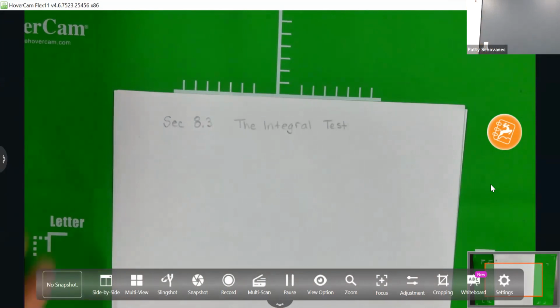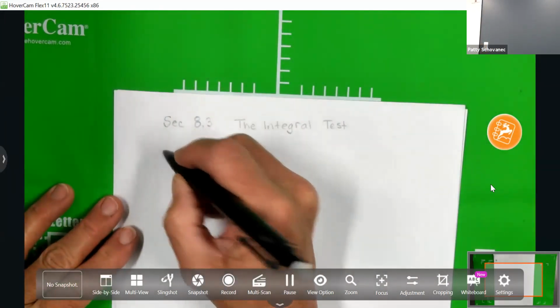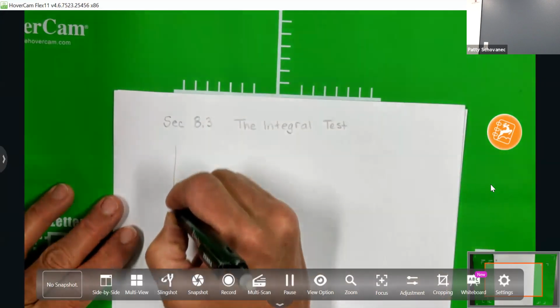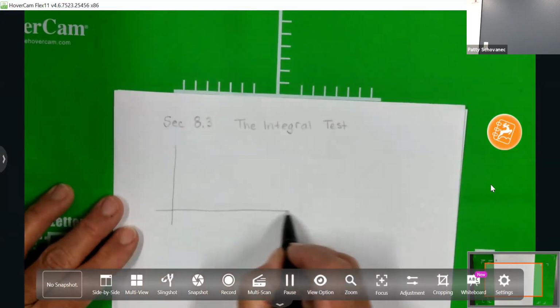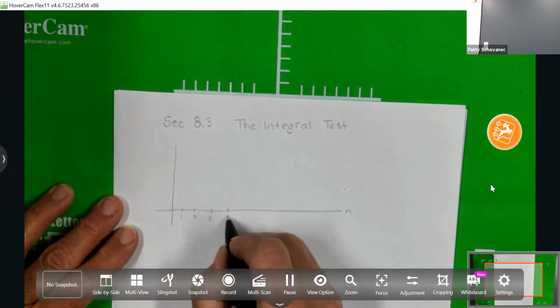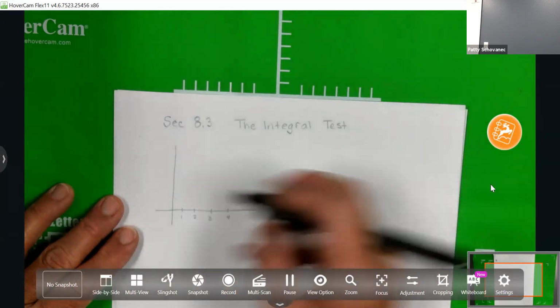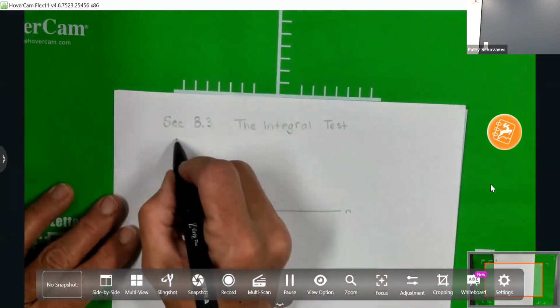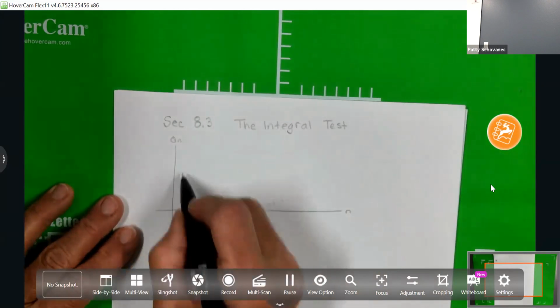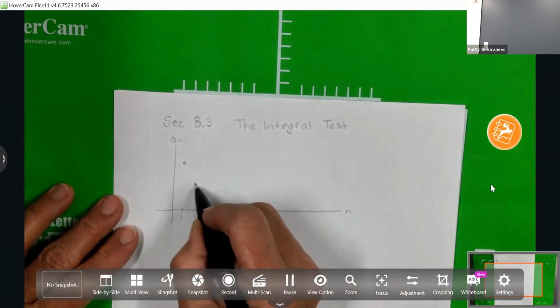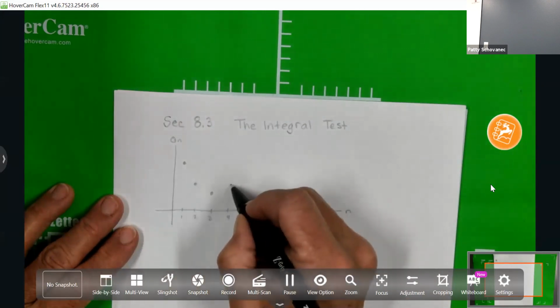Now I said we can depict a series by a scatter plot of points. This is my counter n out here, and it goes from 1, 2, 3, 4, and then it goes on forever like that. And these are the terms. So suppose I've got a positive term series, and maybe my terms do something like this.